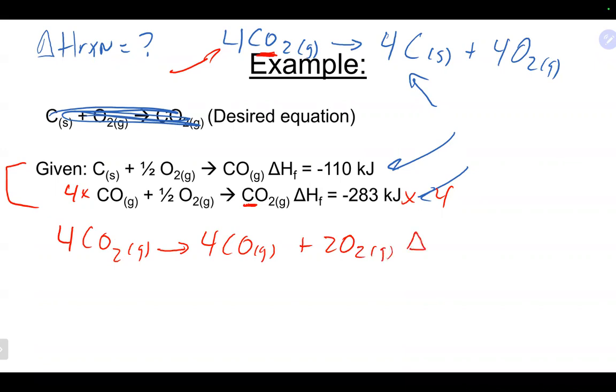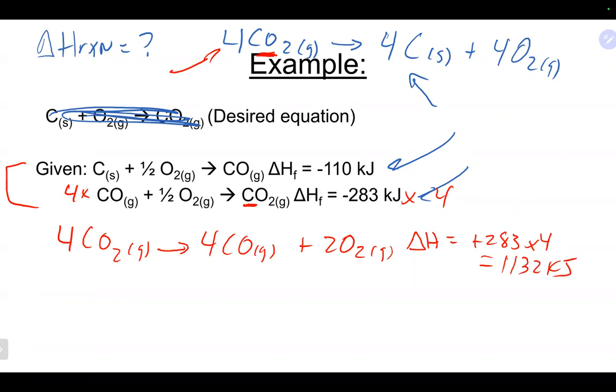Once again, our delta H value will now become positive 283 times 4, positive because we reversed the reaction, and 4 because we multiplied by 4, which would give us about 1132 in terms of energy there. Questions on that so far?